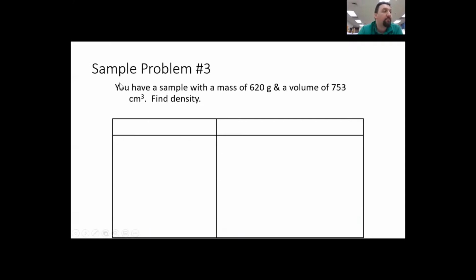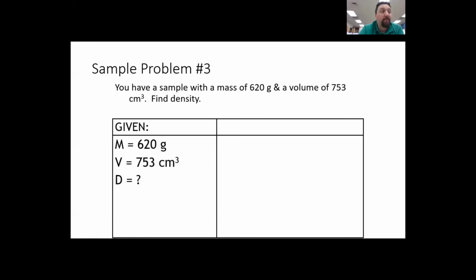Let's do another one. You have a sample with a mass of 620 grams and a volume of 753 cubic centimeters. Find the density. First of all, what are our two knowns? Grams is a unit of mass, and cubic centimeters is a unit of volume. So I have a mass and volume.